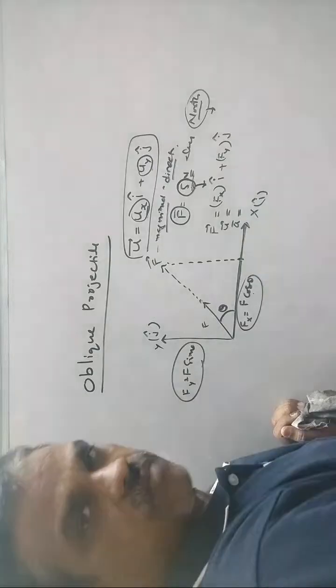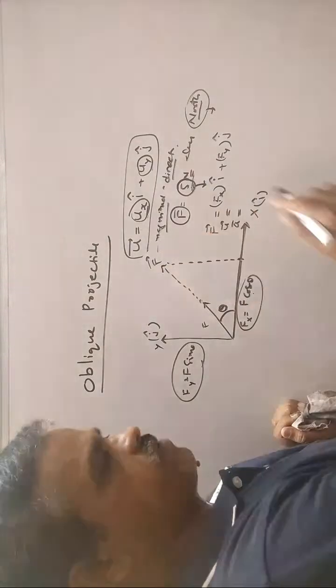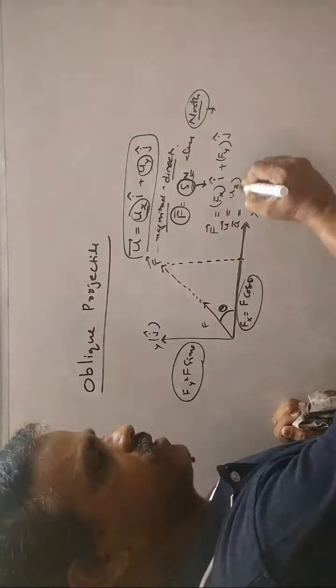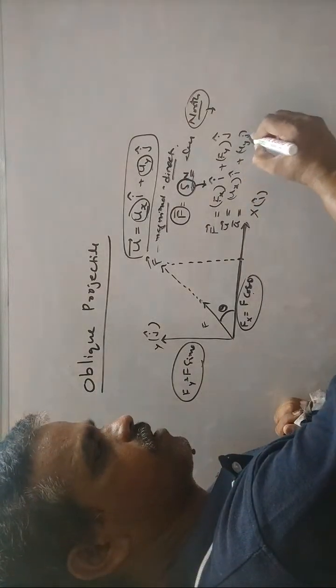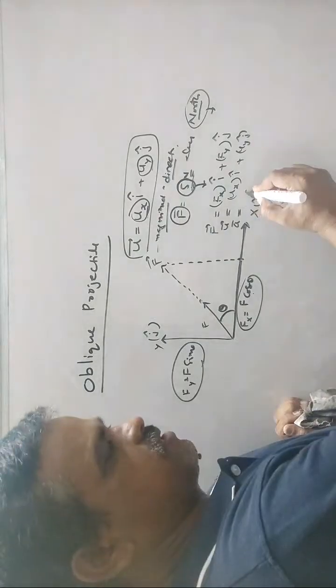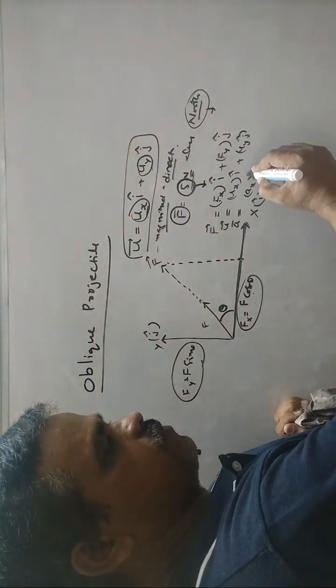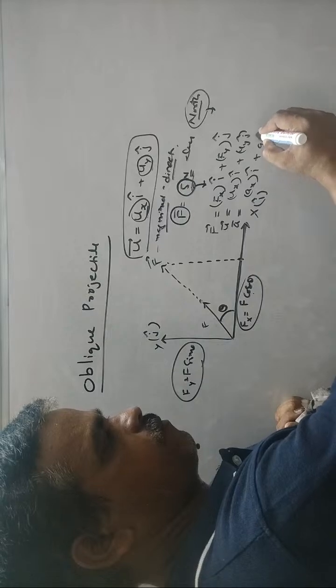The initial velocity is also a vector, so we can write ux I cap plus uy j cap. Acceleration we can also split into ax I cap plus ay j cap.